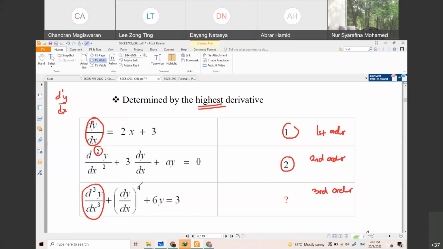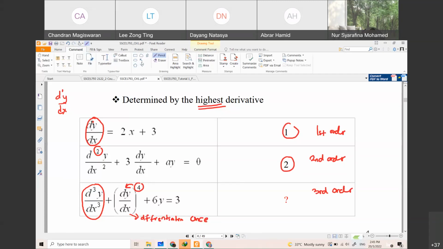You cannot choose 4. This is not the order. This is just the exponent of this derivative, which only differentiates once.